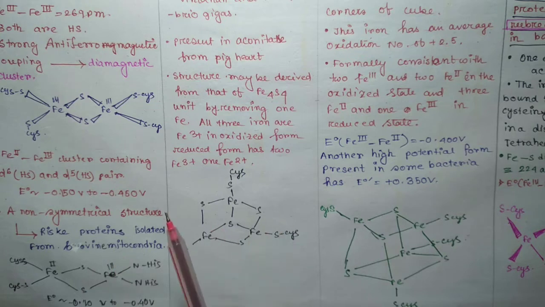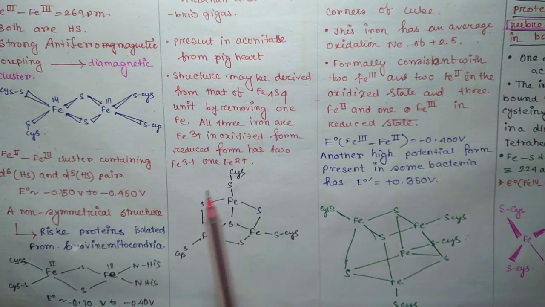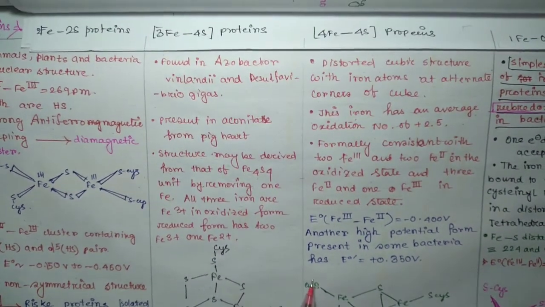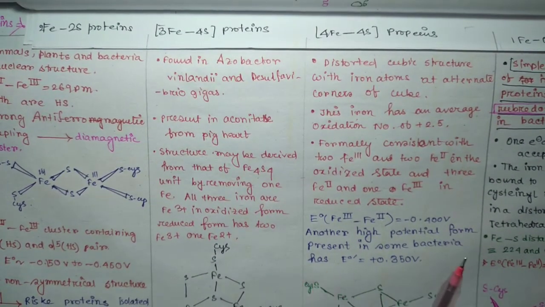First of all, you can draw a cube and then attach the iron and sulfur at the corners of the cube. The 4 iron and 4 sulfur protein has a distorted cube structure, or you can say a cubane-like structure, with iron atoms at alternate corners of the cube. You can draw the structure like this.